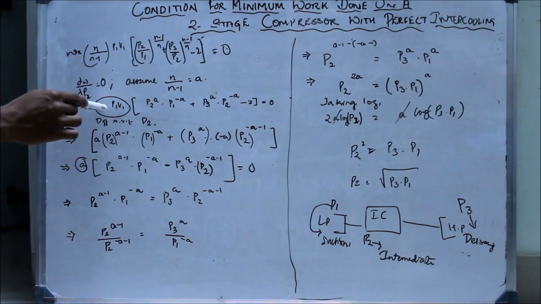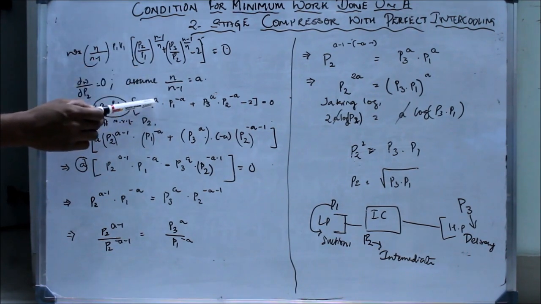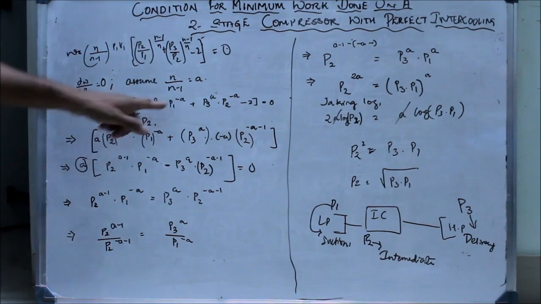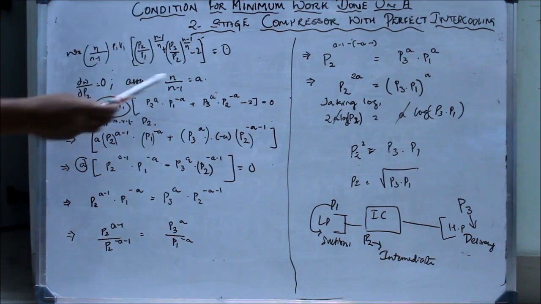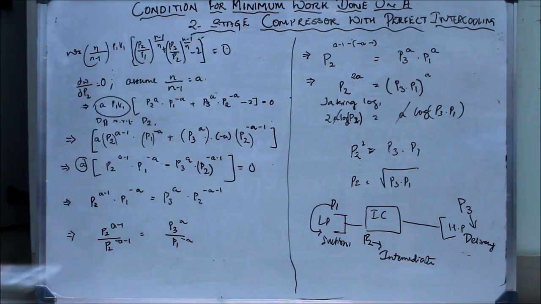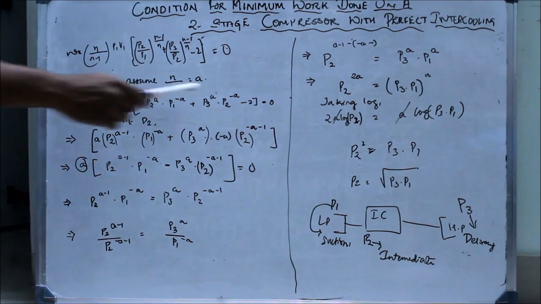So when we substitute N by N minus 1 as A, we get A into P1 V1 into [P2 to the power A, and when we bring P1 to the numerator, the sign of the power changes, so P2 to the power A into P1 to the power minus A, plus P3 to the power A into P2 to the power minus A, minus 2]. Now we differentiate this with respect to P2 and equate it to 0.